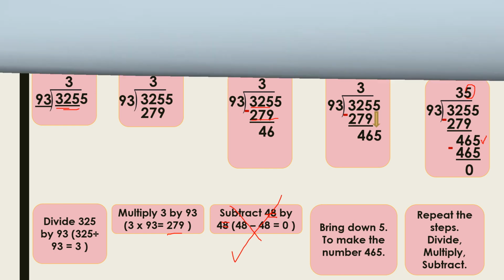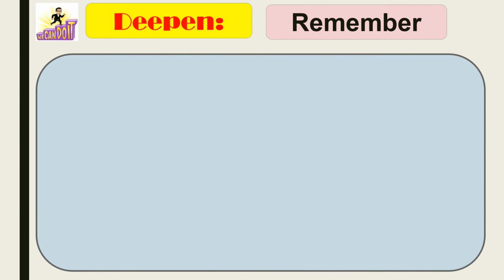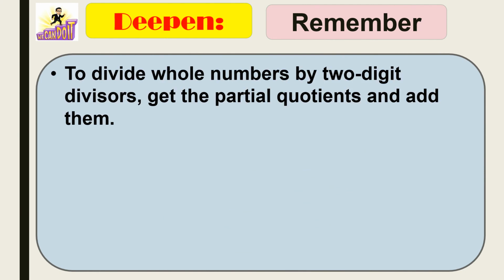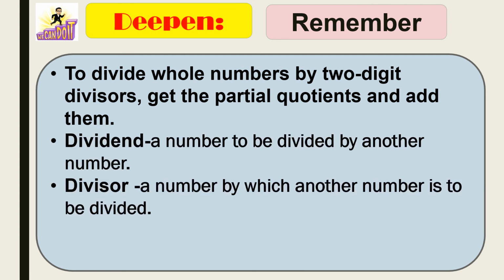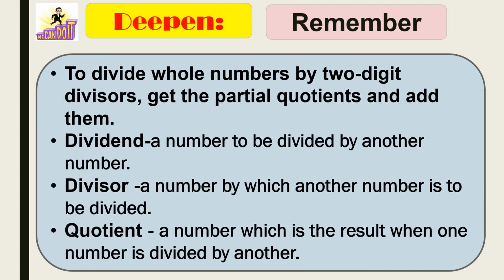So, remember, to divide whole numbers by a 2-digit divisor, get the partial quotients and add them. Dividend is a number to be divided by another number. Divisor is a number by which another number is to be divided, and quotient is the number which is the result when one number is divided by another.